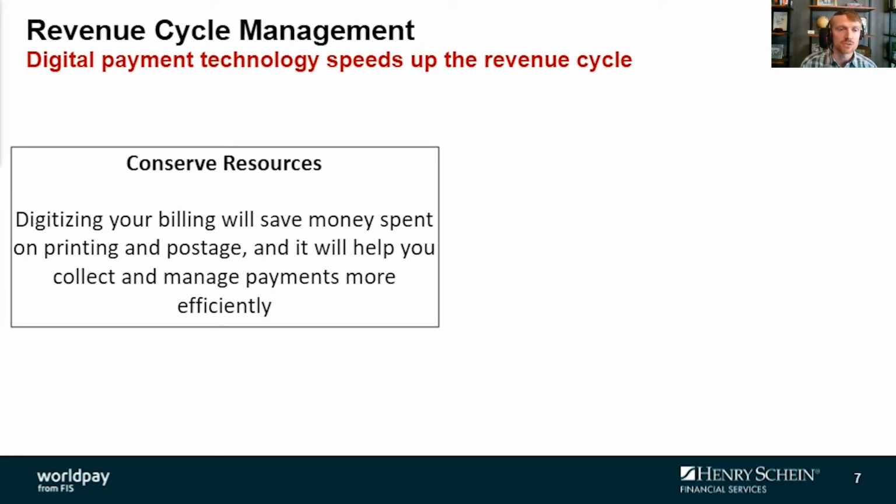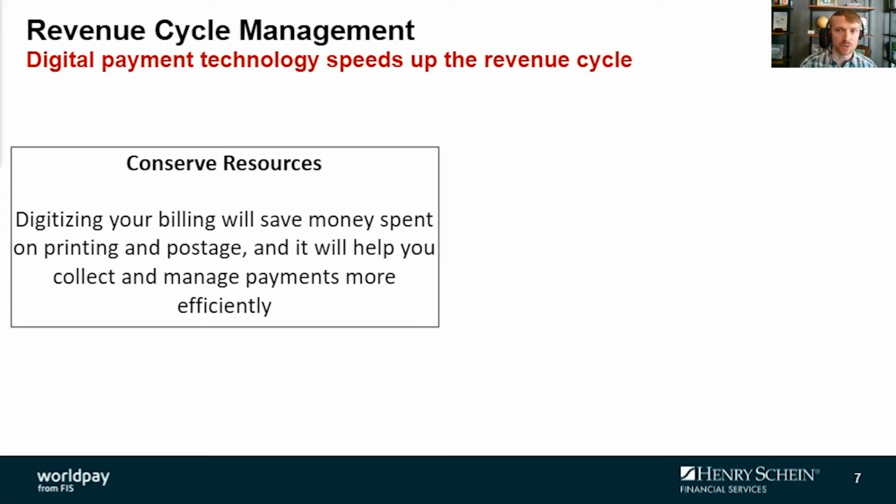Conserving resources. We touched on mailing out the bill to the clients. Trying to pivot to a digital strategy is going to help you conserve and save on those resources of maybe printing and mailing out a little bit less, because now you have a portion of your customer base set up on recurring payments.